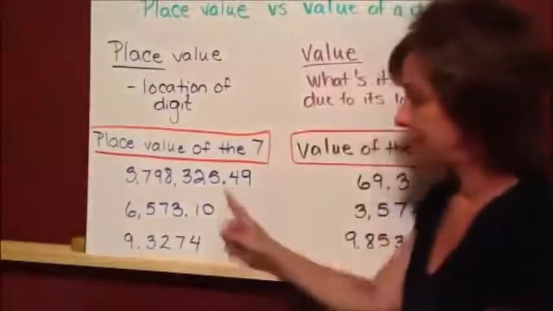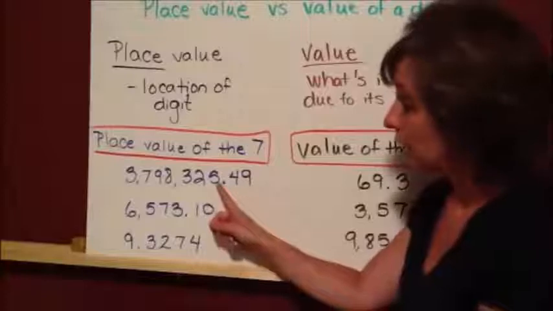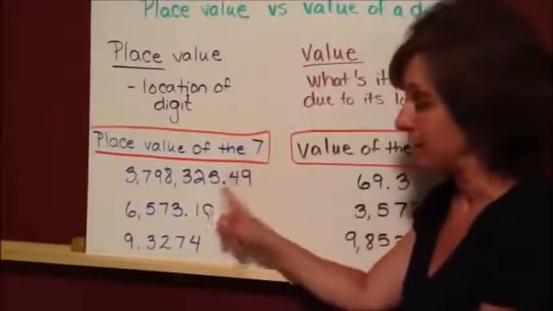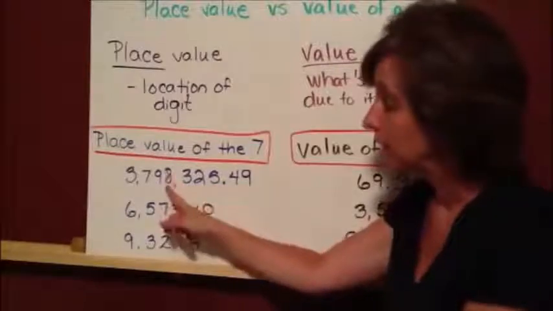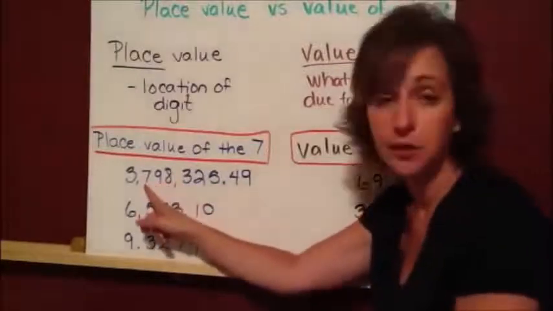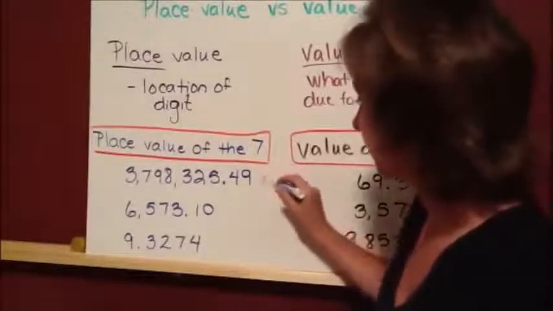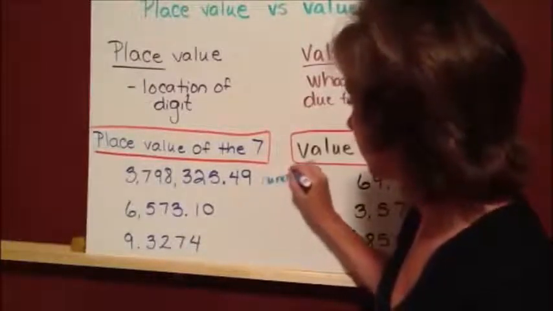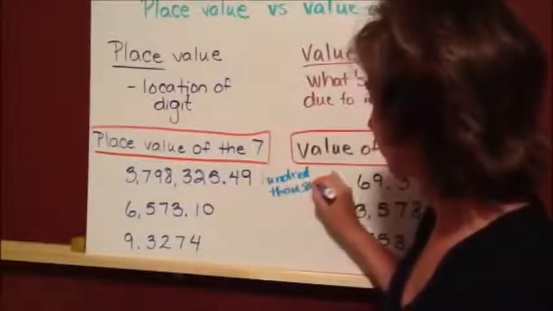So, if I find my decimal, then I could sing our place value song until I got to the 7. Ones place, tens place, hundreds place, comma, 1,000, 10,000, 100,000 means that that is the place value of that 7, 100,000.